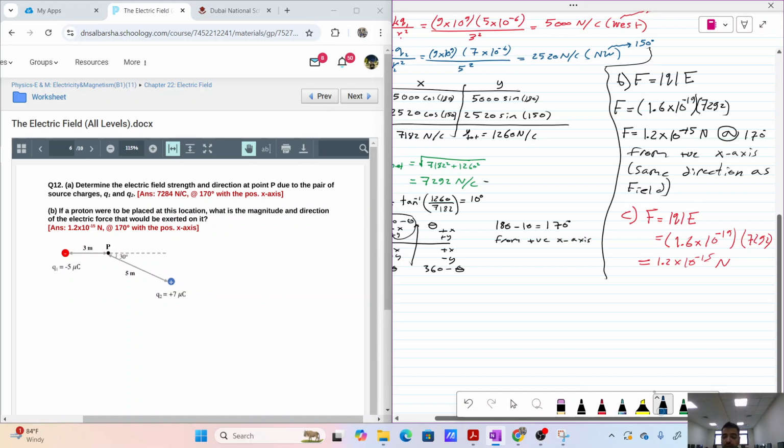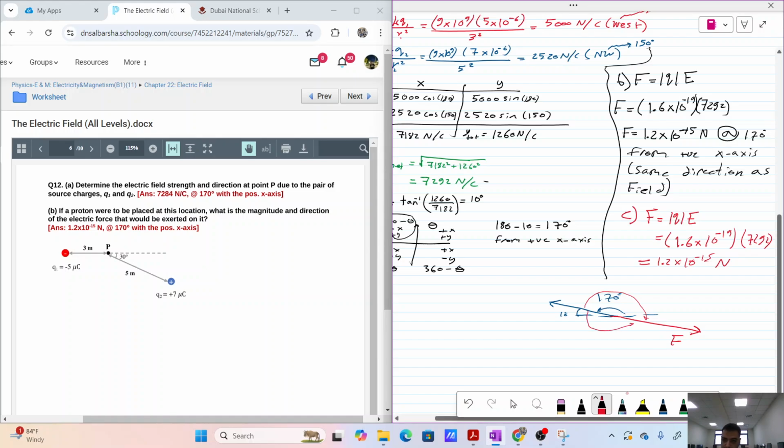We know that the net electric field is at an angle of 170 degrees from the positive x-axis. This is our electric field. We have here 10 degrees and here 170 degrees. And we know that the force for an electron will be exactly opposite to it. So how do we reach the force? You have two options: either you subtract 180 or you add 180.